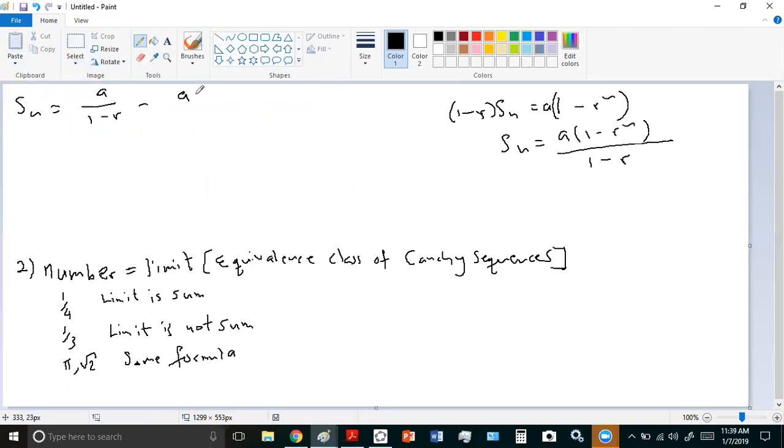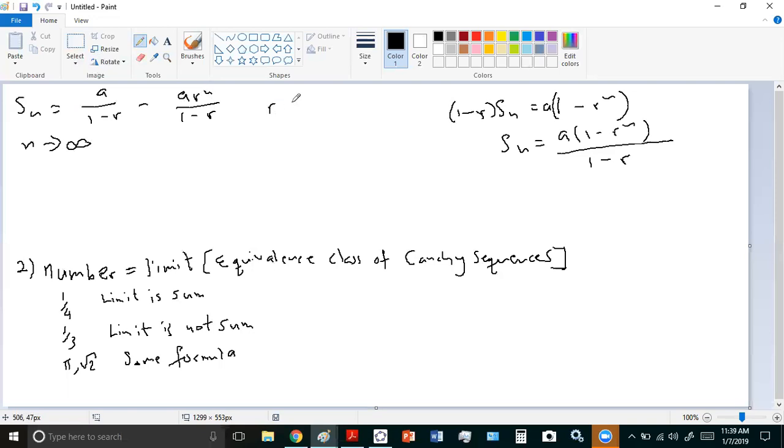He separated them like that, and then he considered what happened to this whole thing as n became indefinitely big. So in other words, as n becomes indefinitely large, and this does not mean infinity, it just means it increases without bound.